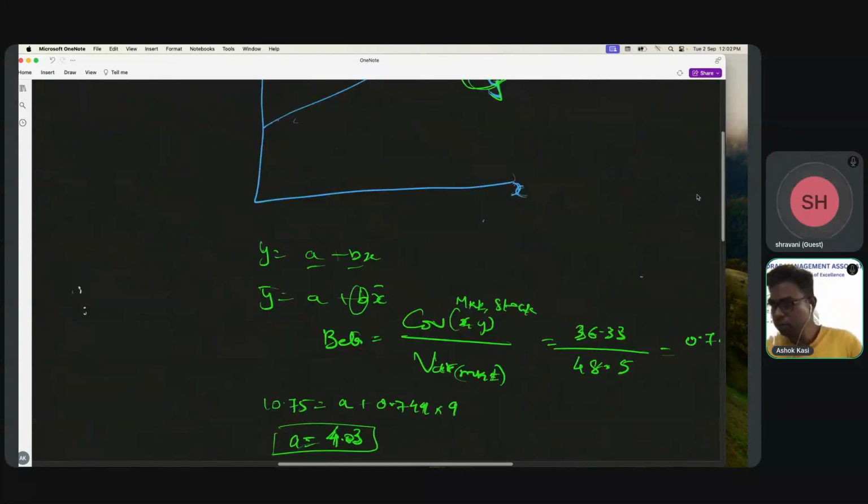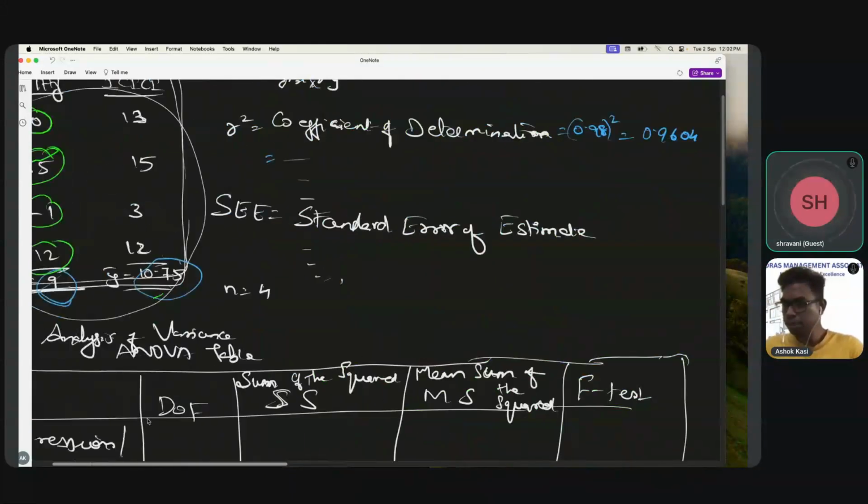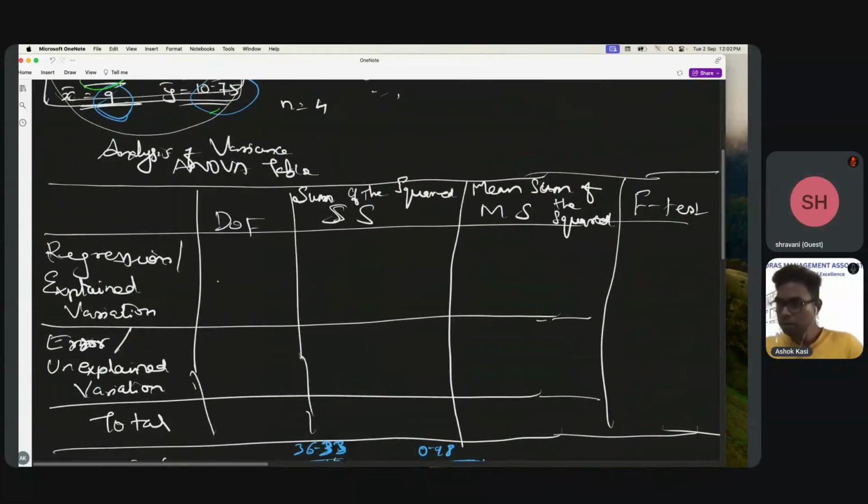So now we have got all the numbers. We just have to plug in now here. Now degree of freedom. Degree of freedom for level 1, it will always be K. K stands for number of independent variable, and for level 1 there will be only one independent variable. For example, in this case Nifty is the only one independent variable, because this is called simple linear regression.